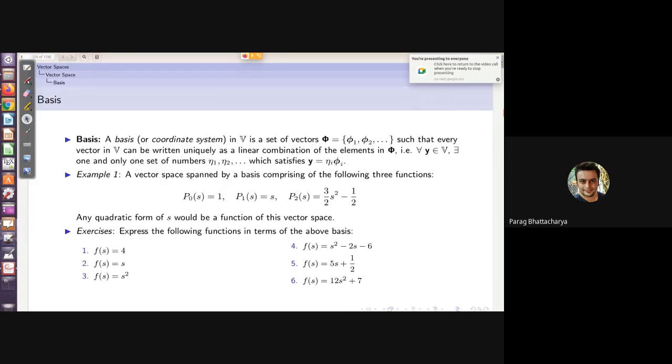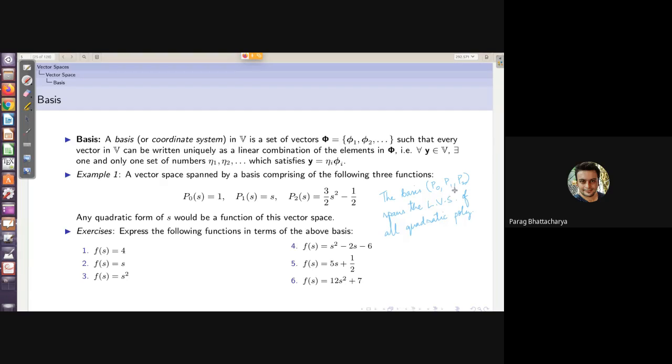So we say that the basis P0, P1, P2 spans the linear vector space of all quadratic polynomials.